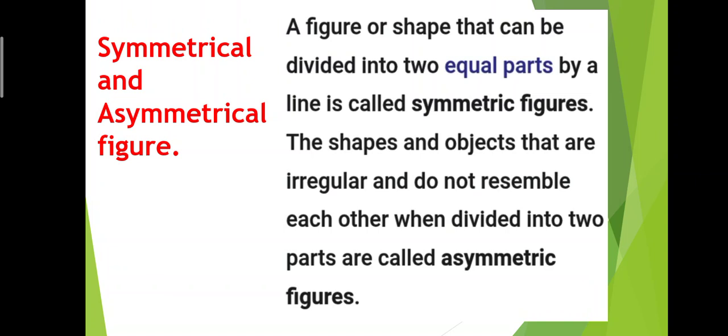Symmetrical and asymmetrical figures. A figure or shape that can be divided into 2 equal parts by a line is called a symmetric figure. The shapes and objects that are irregular and do not resemble each other when divided into 2 parts are called asymmetric figures.